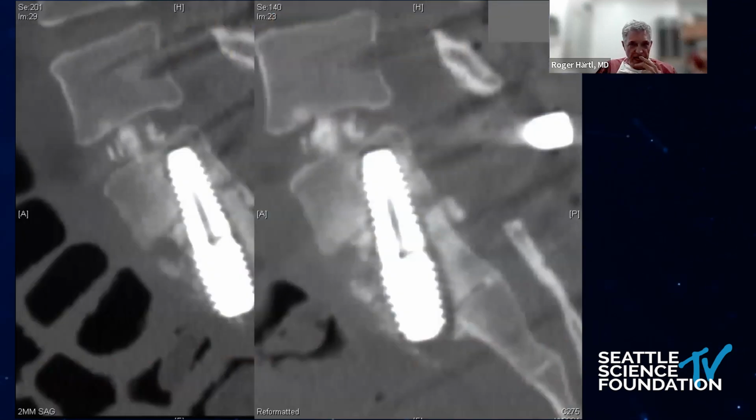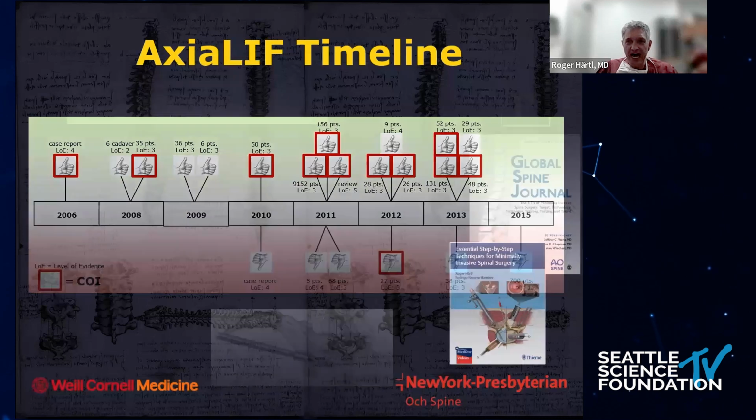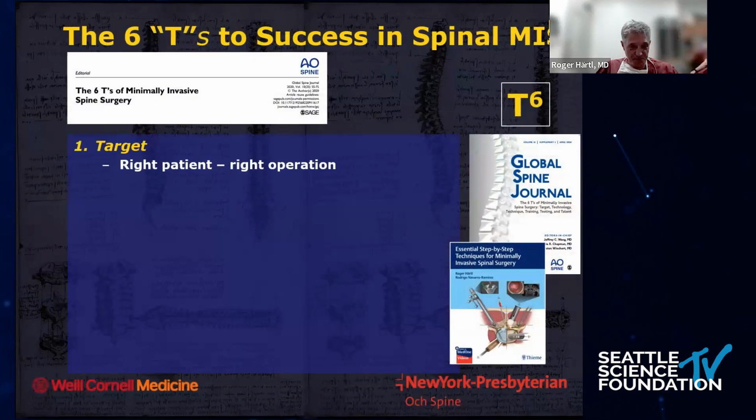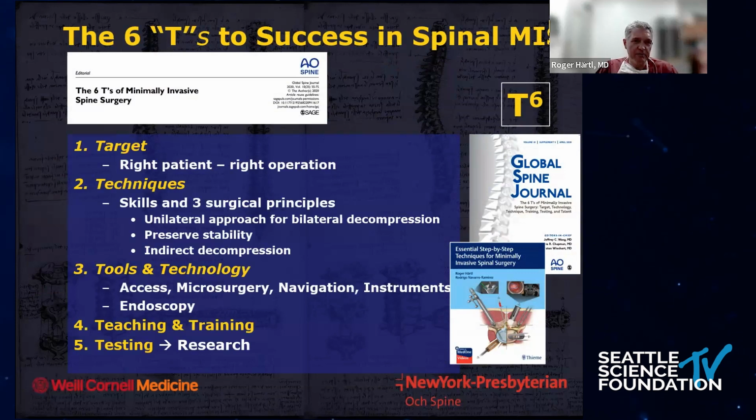So I'm not going to talk about axial lift. That's too depressing. But I want to summarize my key points. Again, my key point, I think, is really patient selection. I think that's the most important thing in avoiding complications in any type of surgery, especially spine surgery and especially MIS.